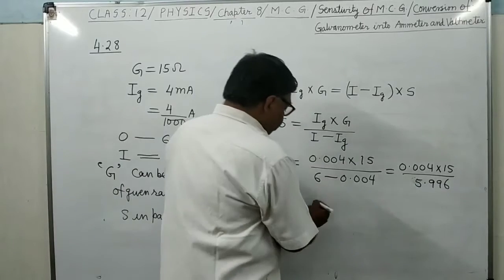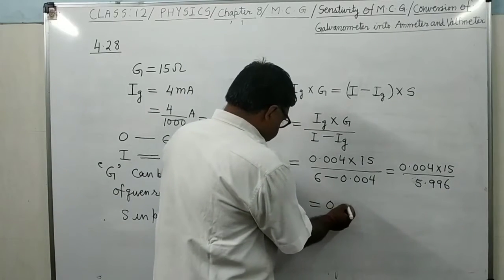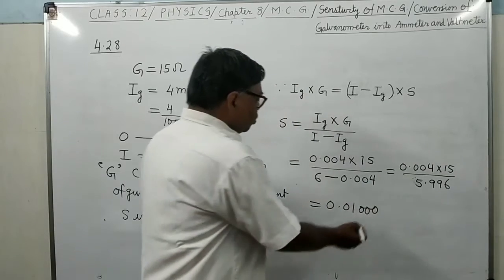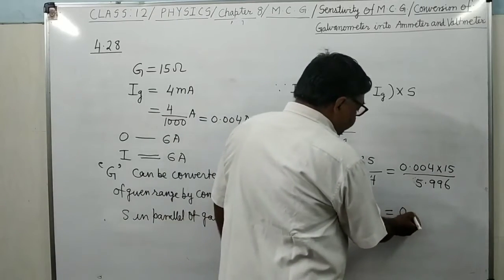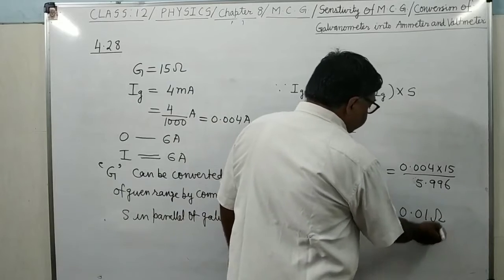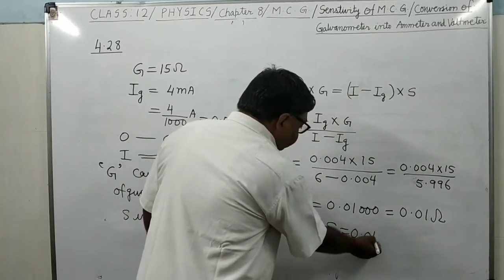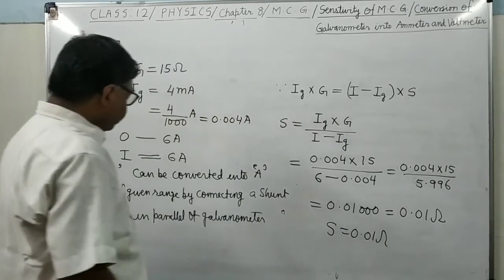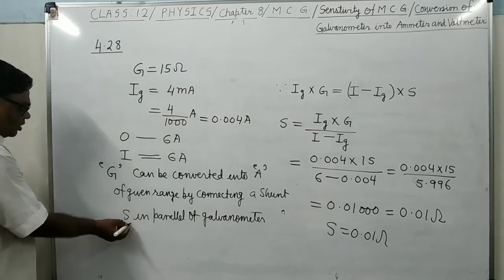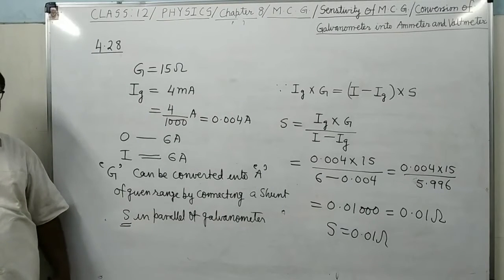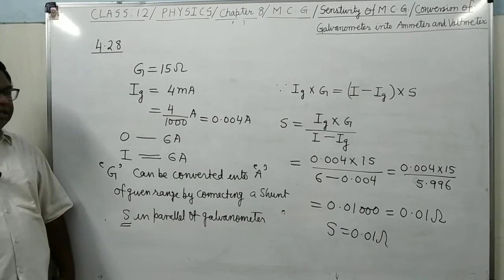Now you calculate. This comes out 0.01000. It's clear. This is in ohm, that is 0.01 ohm. So S equals this. And what is S here? Already you have stated here, shunt S. Sometimes it is also asked to draw the diagram, so that also you can draw.